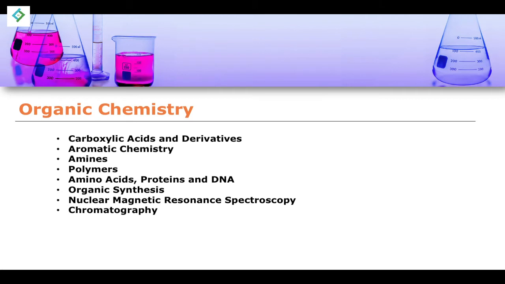So, as I've said, there is a lot of content for organic chemistry. A lot of it fits into the additional series of topics, like amino acids and polymers and organic synthesis and carboxylic acids, etc. But that is collectively the content that you are going to study for A-level chemistry for AQA.